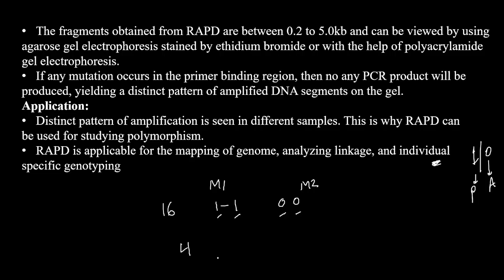In the other offspring, you are getting marker 1 present but marker 2 absent, or marker 1 absent and marker 2 present. So these are the recombinants.